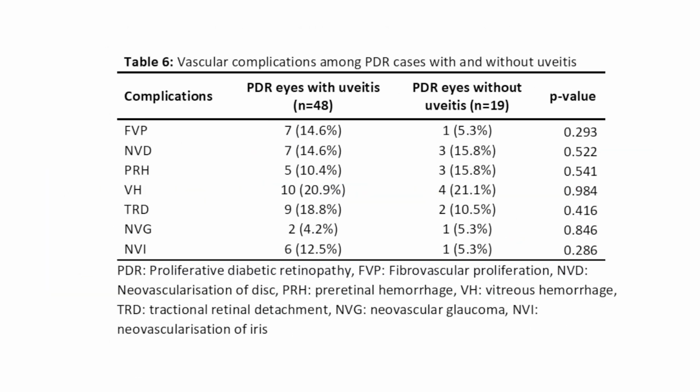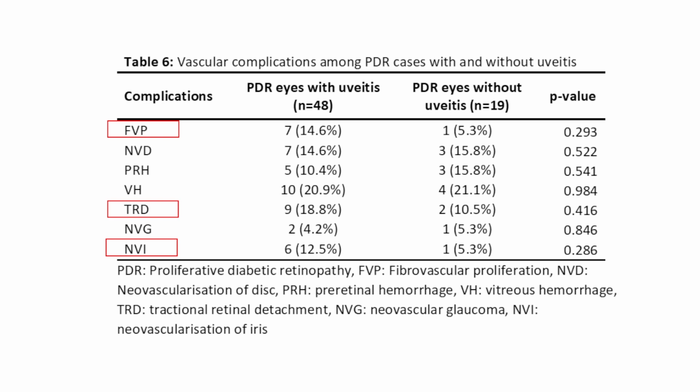Coming to the vascular, or we can say neovascular complications among proliferative diabetic retinopathy cases with and without uveitis. Here we have considered only the PDR cases, which were 48 eyes with uveitis and 19 eyes without uveitis. Here again we can see the proportion of fibrovascular proliferations, tractional retinal detachment, and neovascularization of iris was higher among patients with uveitis as compared to the eyes without uveitis.